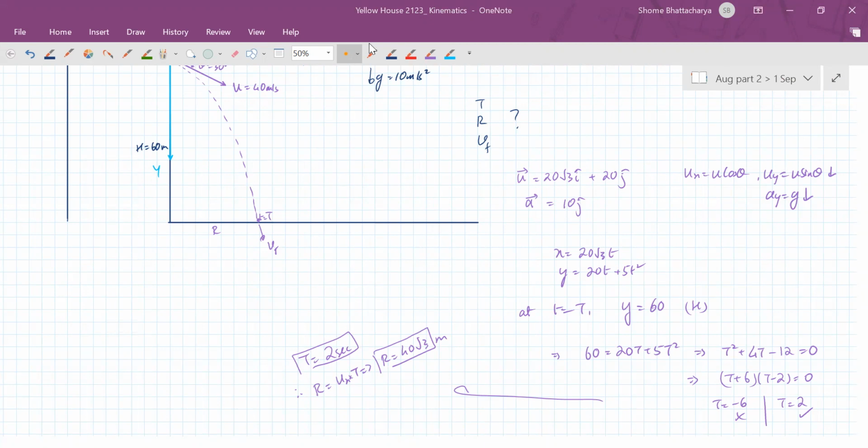Okay, now the final velocity you can see is like this.